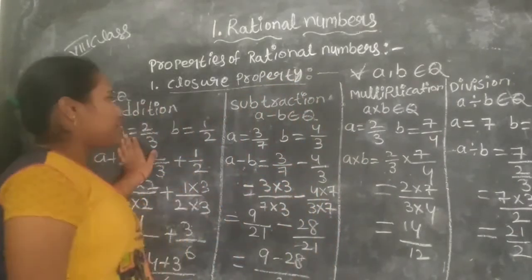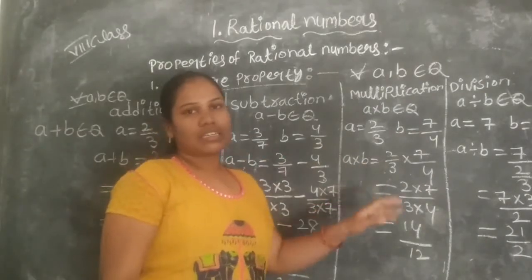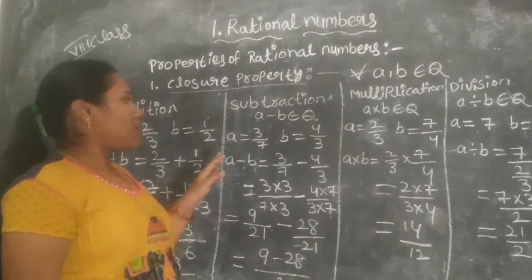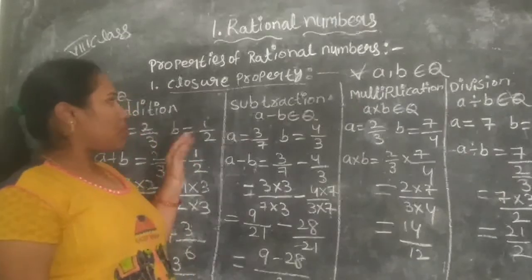So under addition, under subtraction, under multiplication and under division. Just revise the closure property.